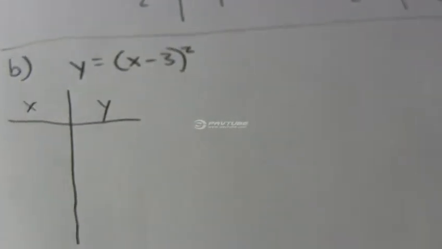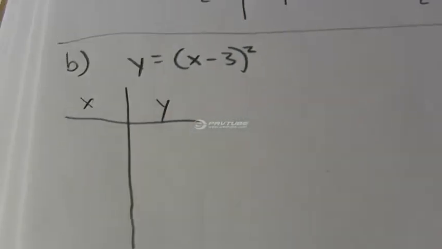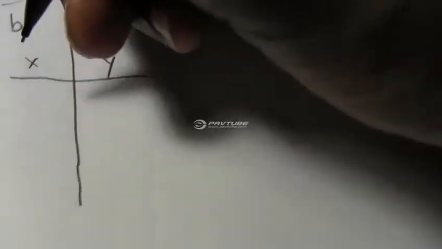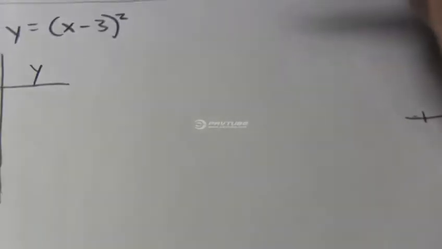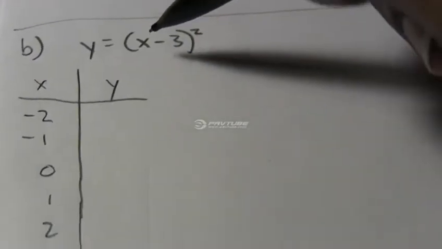So we can do the same exact thing. We're going to just go ahead and plot, and then I'll give you the shortcuts after. But you look here and you can say the same type of stuff. Negative 2, negative 1, 0, 1, 2, whatever, and you go ahead and sub them in.